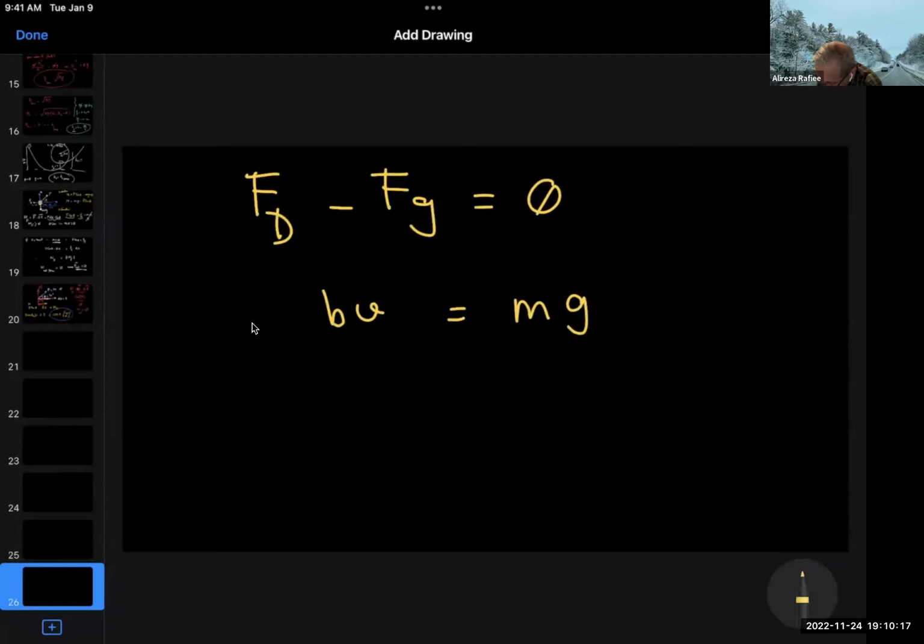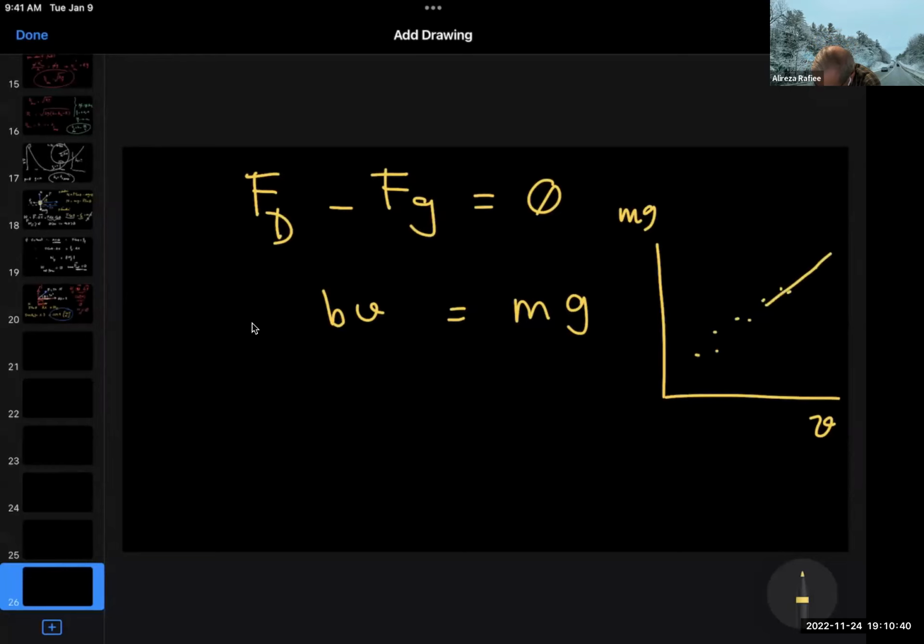So if you had objects with different mass, right, then you will definitely have mg, which is different for a different number of filters, and then the terminal velocity would be different. So you will get some numbers like this.